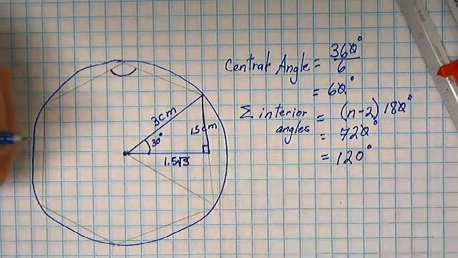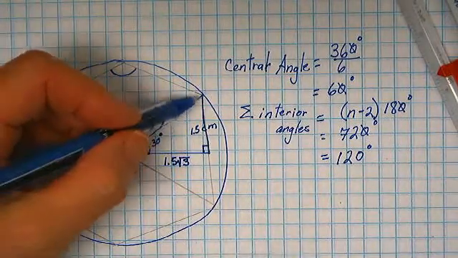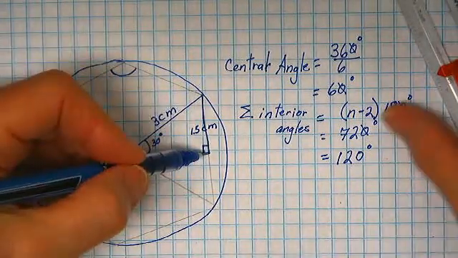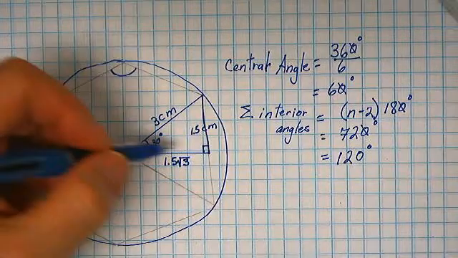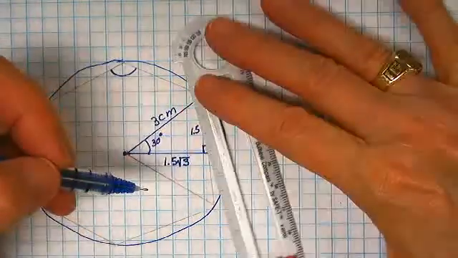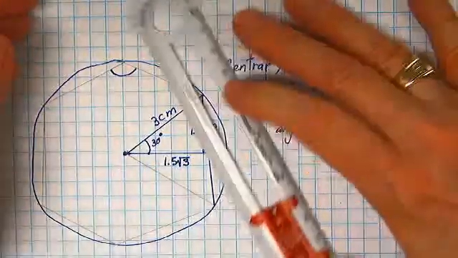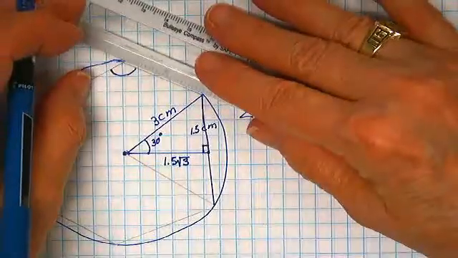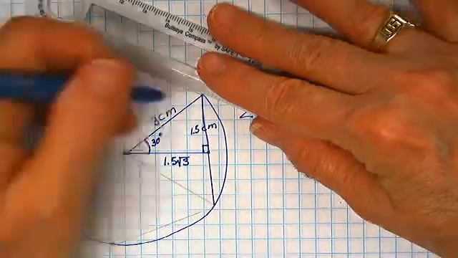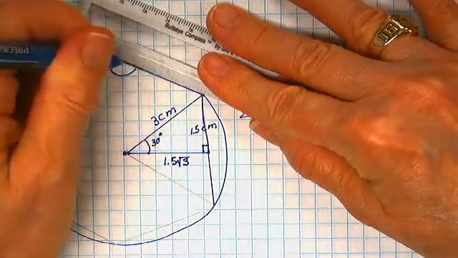But wait, there's more. If my short side length is 1.5 centimeters and my apothem bisects the side, then I know that one entire side of my hexagon is going to measure 3 centimeters as well.